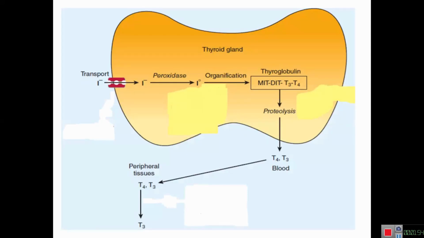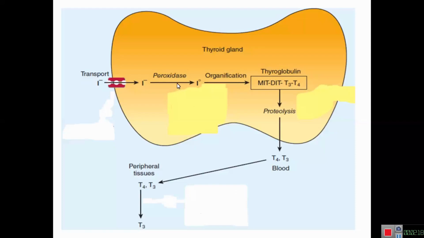If you look at this picture, we came to know that first the iodide gets trapped into the thyroid follicular cells, and it undergoes three chemical reactions called oxidation reactions, organification reactions, and coupling reactions.